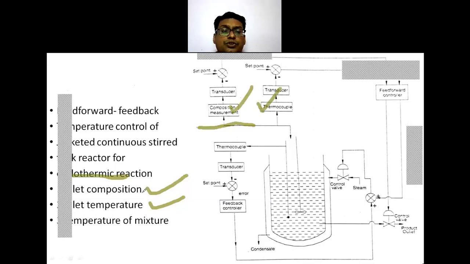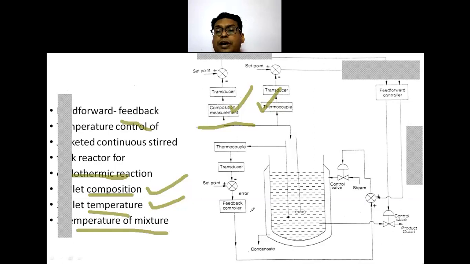They are measured, and that is going to give you the feed forward response. And in case of the feedback response, it is related to the temperature of the mixture.